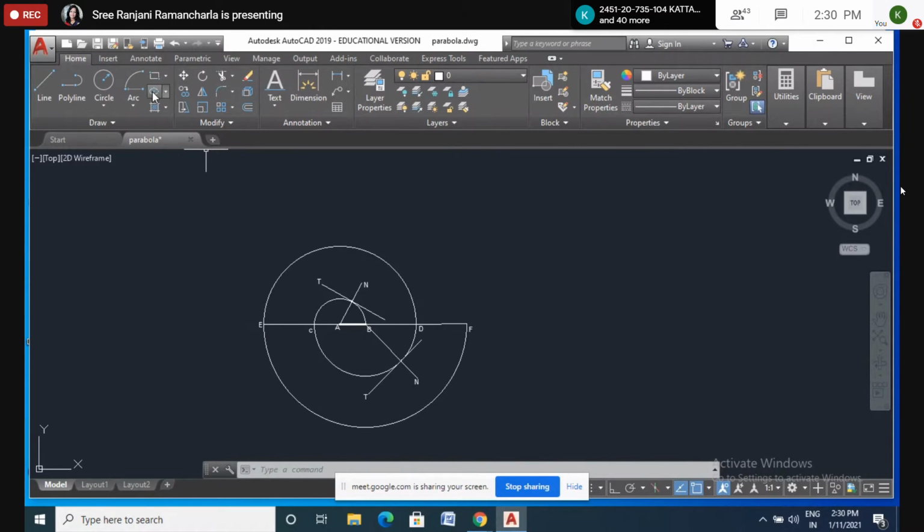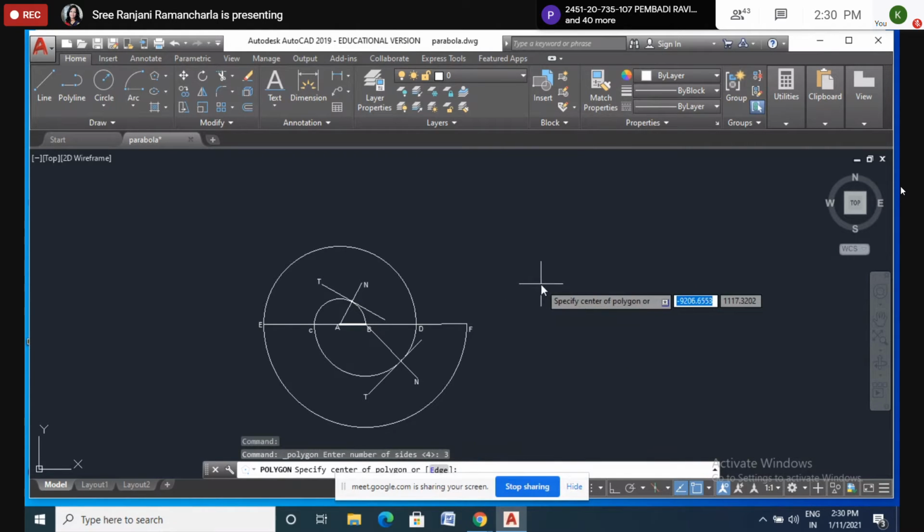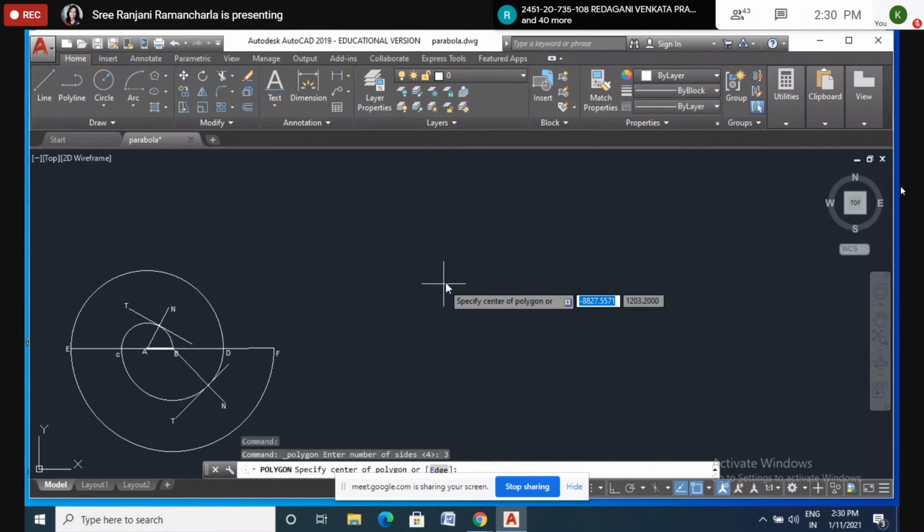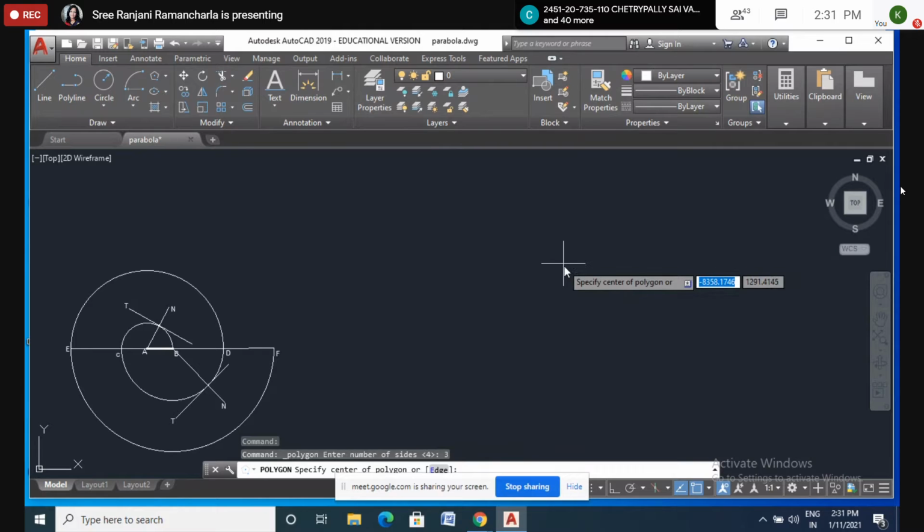So here I want to take this method, polygon. Here it is asking for the polygon sides. The default is 4. I want to take 3. Okay. I want to draw a 1 centimeter side. So specify the center point of the polygon.